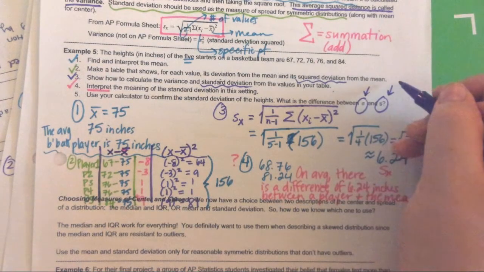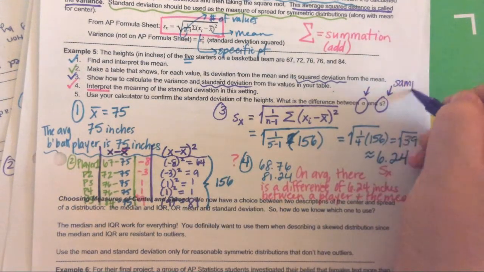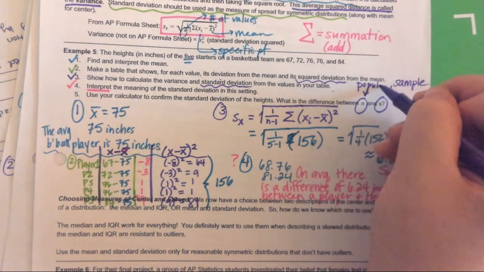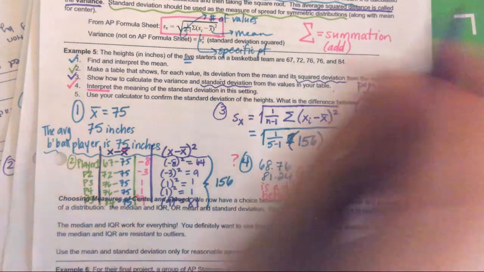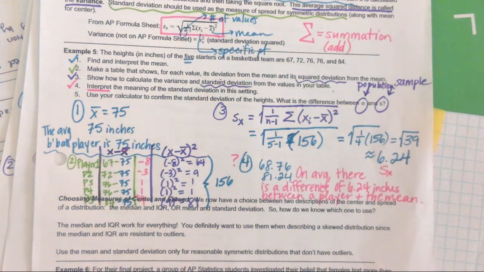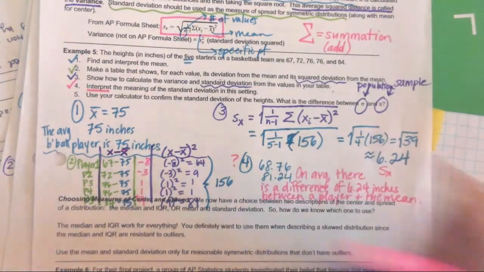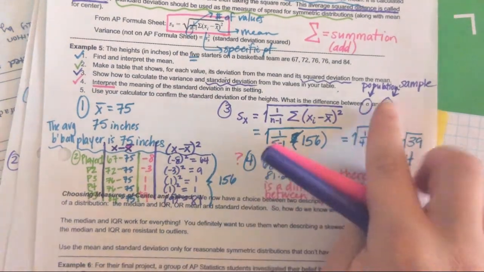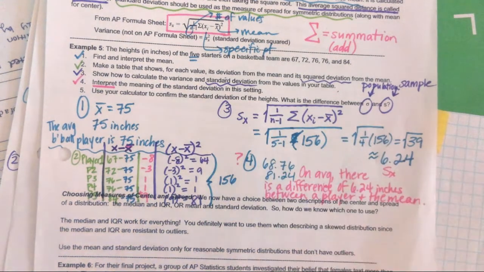We talked about whether it was a random sample or a population, and that there were 2 different formulas for them. So if we're measuring an entire population, if we're actually trying to apply this to all the NBA, the entire population of the NBA, then we would use the other. But since we're just talking about these 5 players on this one team, it's a sample, so we're going to use that S.